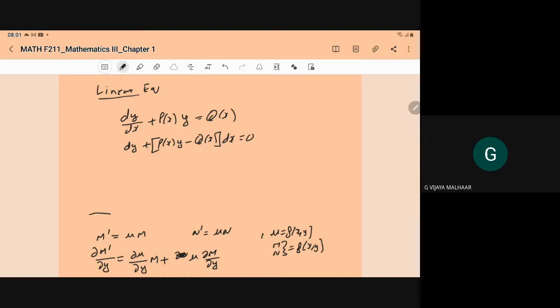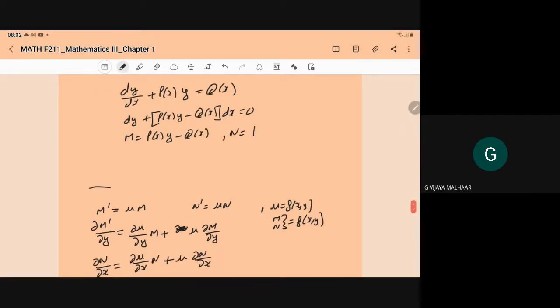So here if you compare it with M dx plus N dy, we have M equal to p(x)y minus q(x), and here N will be 1.